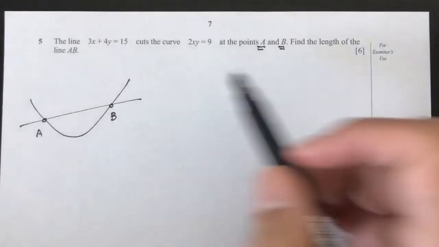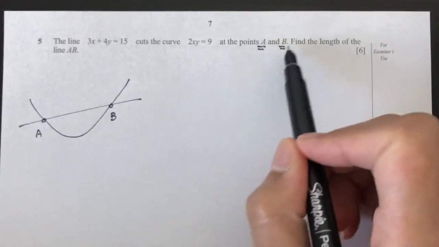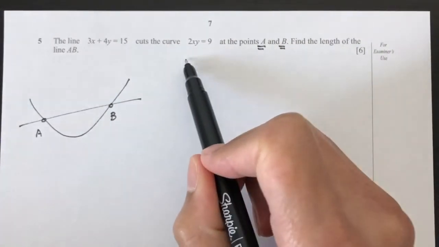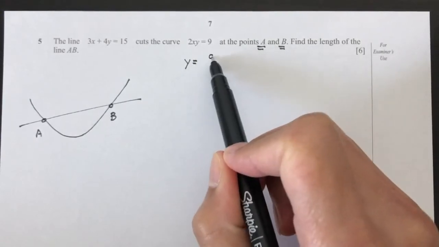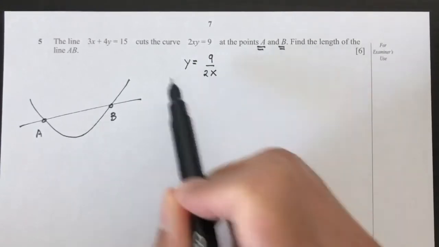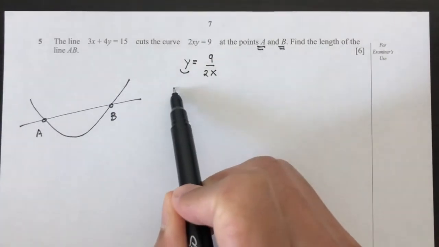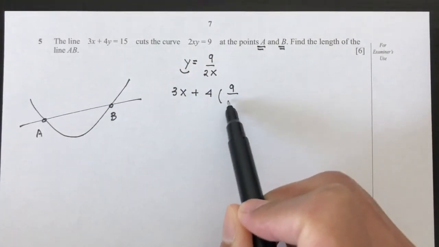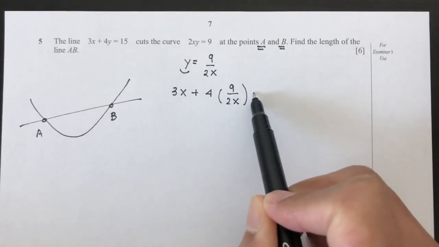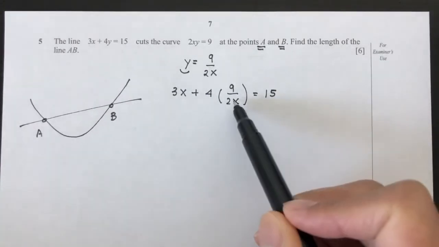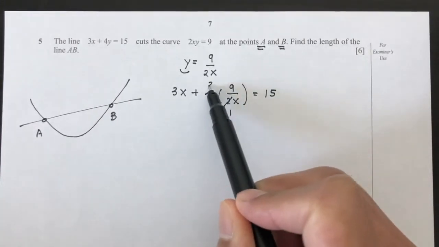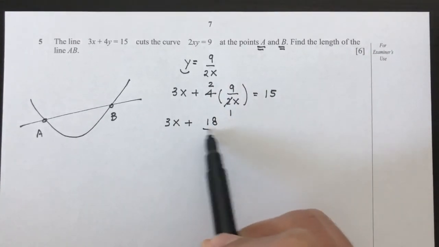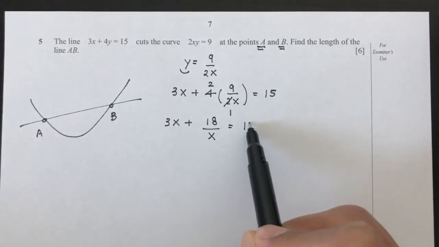So the points A and B are the points of intersection of these two, so we have to solve them simultaneously. So let's make y the subject: y equals 9 over 2x. Replace y in the main equation. You have 3x plus 4y is equal to 15. Simplify. That will be 3x plus 18 over x equal to 15.